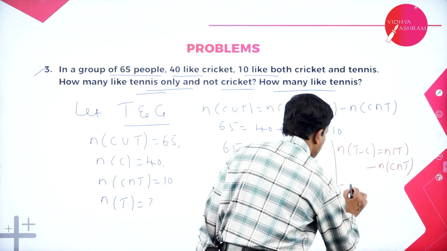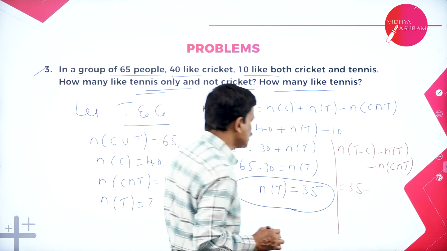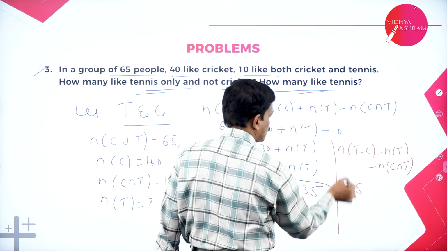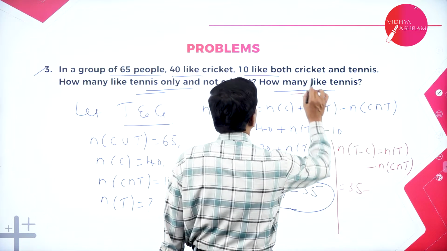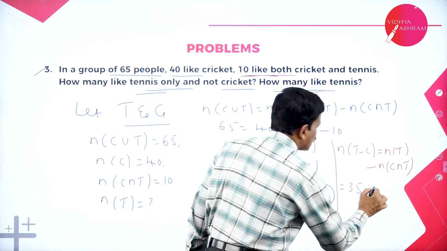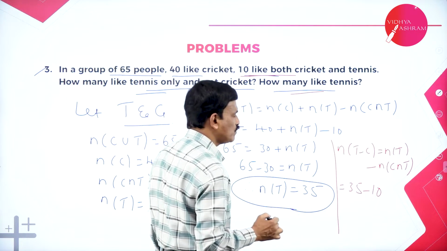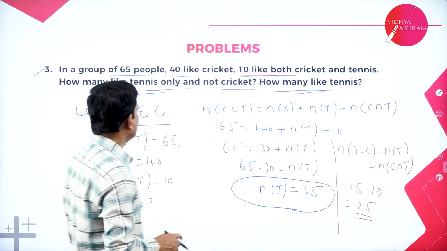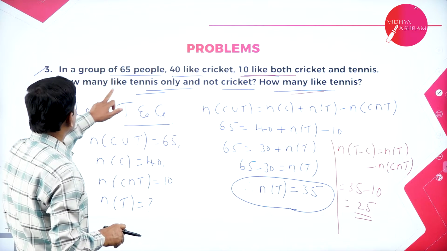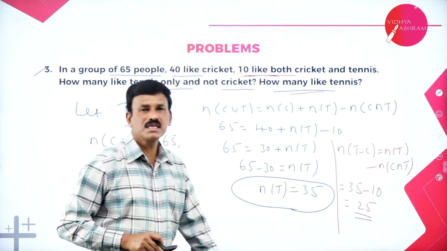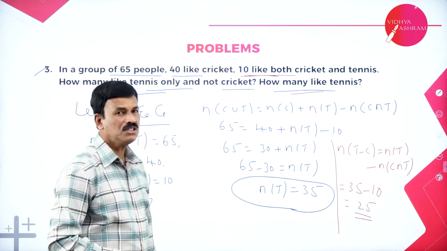So n(T) is 35 minus n(C ∩ T). How many like tennis means 35 like tennis, and 10 like both cricket and tennis. You can subtract 10 from this. So 35 − 10 = 25. That means 25 like tennis only, not cricket. So the number of people who like tennis only, not cricket, is 25.